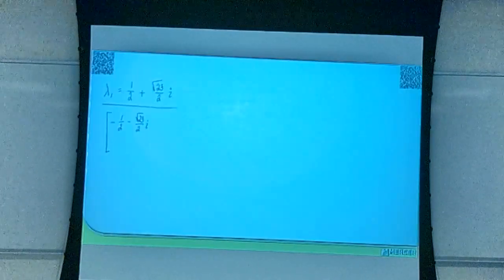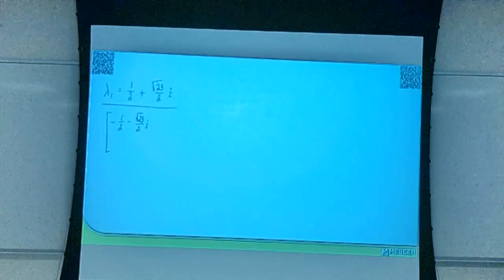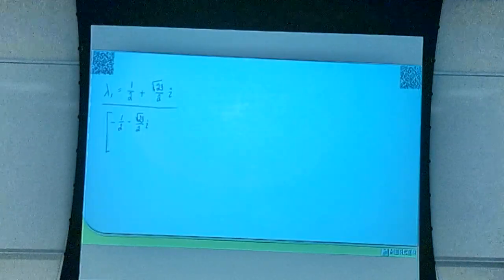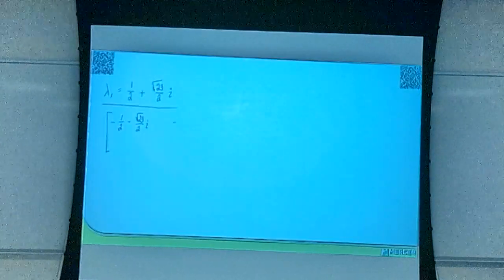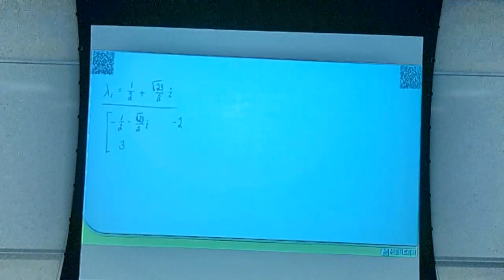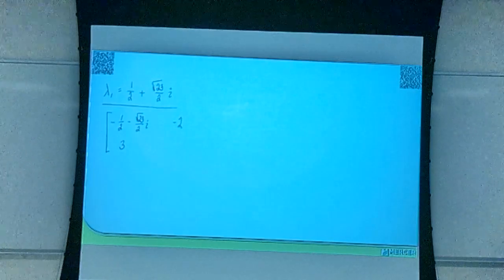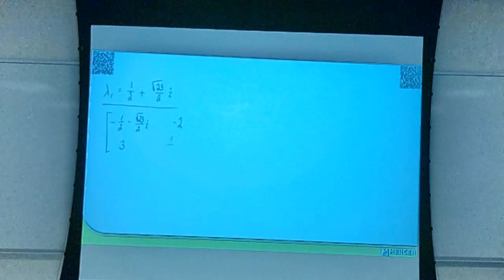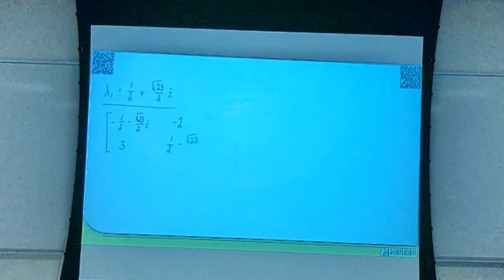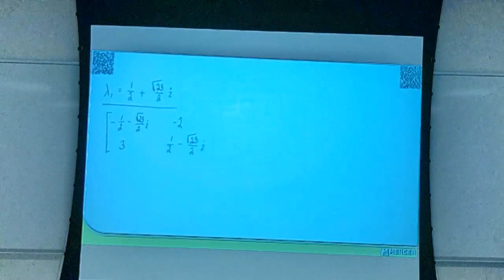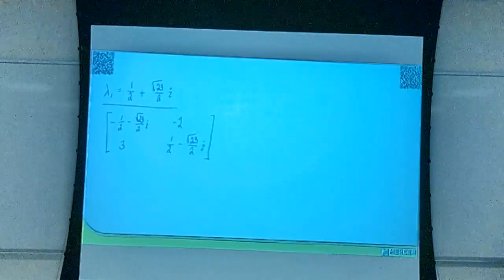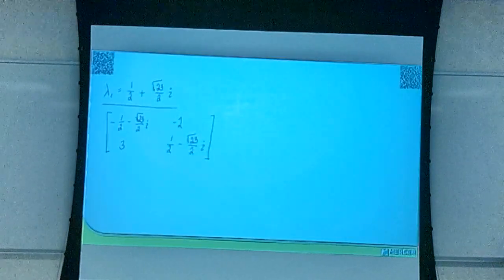Negative lambda, that was what? -2, 3, and then 1 minus lambda, right? 1 minus a half. This is not so simple.